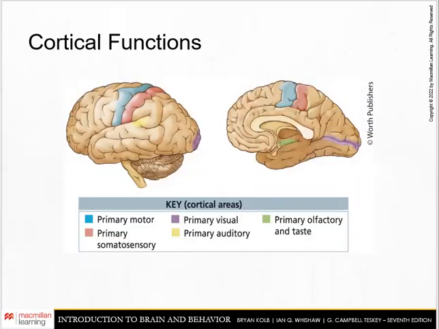This here is a figure that shows the lateral view of the left hemisphere and the medial view of the right hemisphere. It's showing the primary motor and sensory areas, and all remaining cortical areas are collectively referred to as the association cortex, which, like I said, functions in thinking.